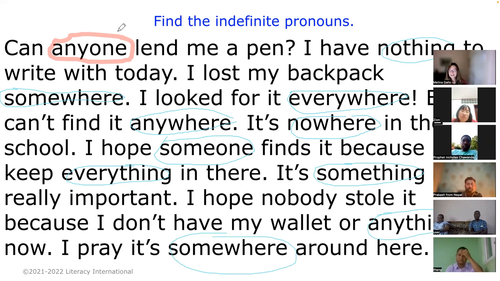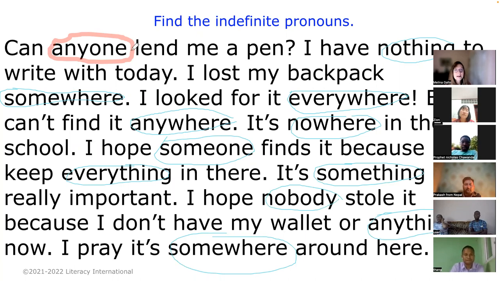Okay, beautiful. Excellent job there, Prakash. So you can see he found those indefinite pronouns: somewhere, anywhere, someone, everything, etc. Beautiful, beautiful. So that's one way we can do it.